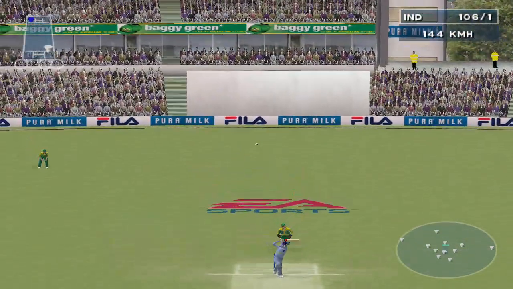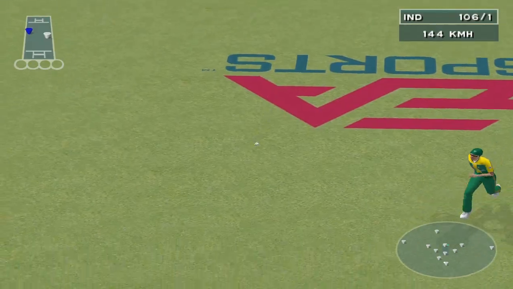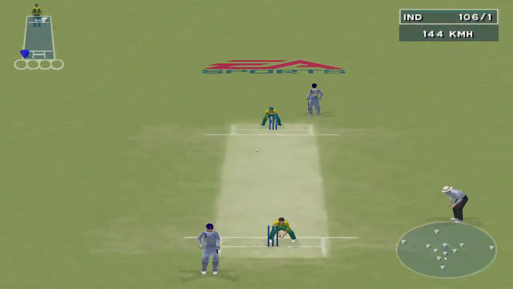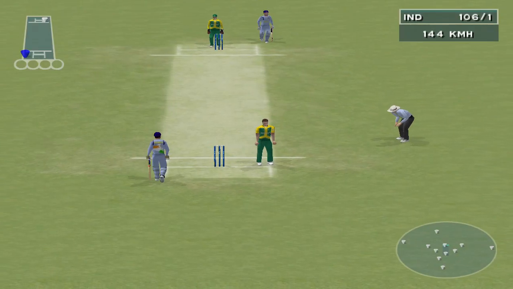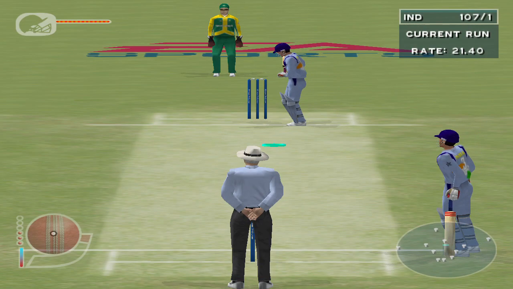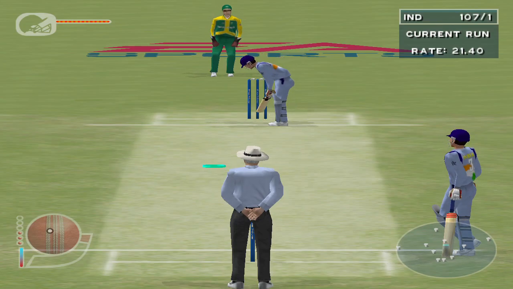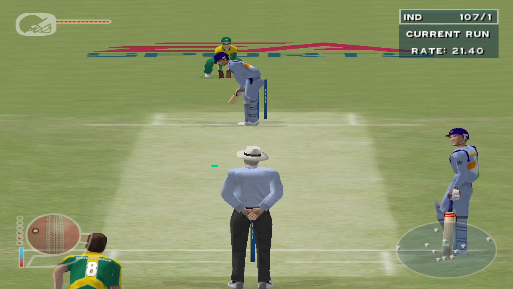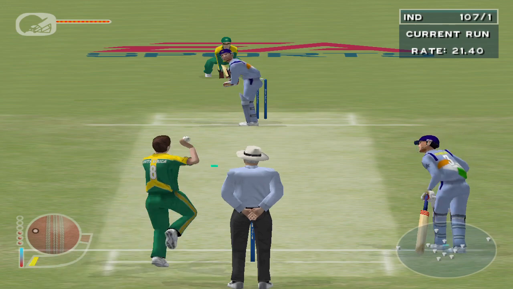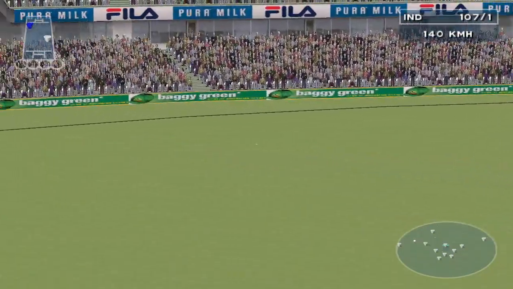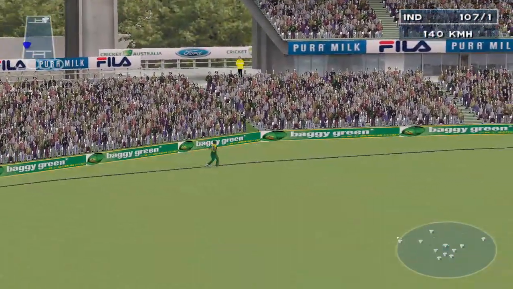Pollock is chasing that one. India have taken their total on to 107. He smashed that away. India move on to 111.